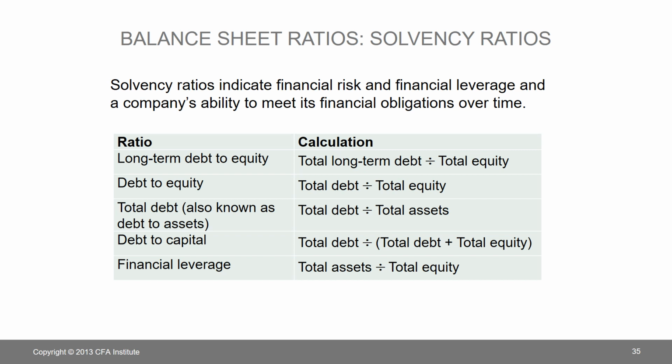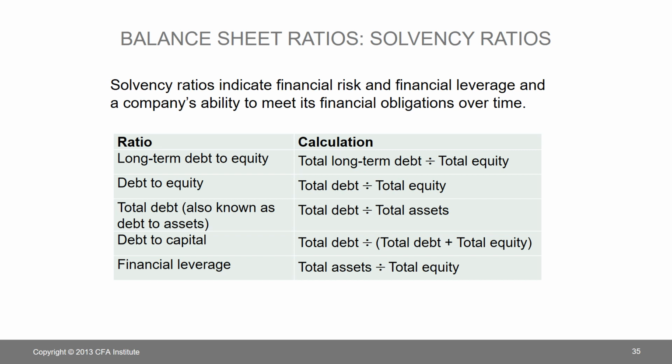And now we look at the solvency ratios. As you can see in this slide, we have 5 of the most commonly used solvency ratios to analyze the financial position of a specific company. For most of these ratios, the calculation is implicit in their names, and generally, the greater the debt in a company's capital structure, the greater the financial risk and the less solvent the company is.